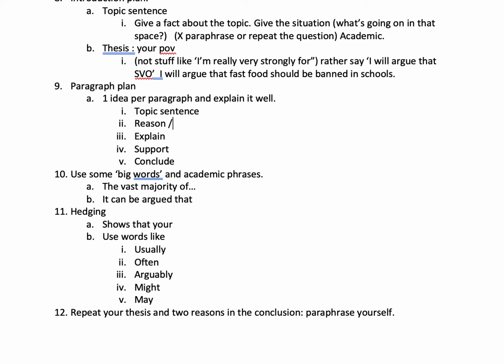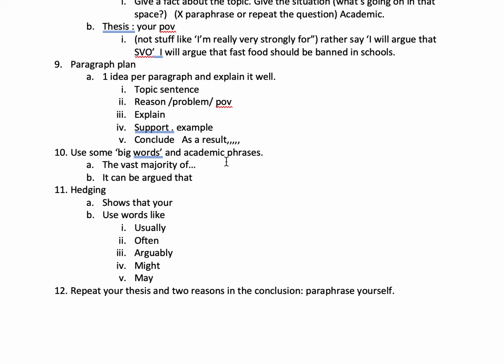Give your reason, problem, or the point of view from the other essay, whichever one it is. Explain it, support it. You can use examples. One example is enough. And conclude. And when you conclude, you say things like, "as a result, we have this situation," right? Okay, so that is the essay plan.